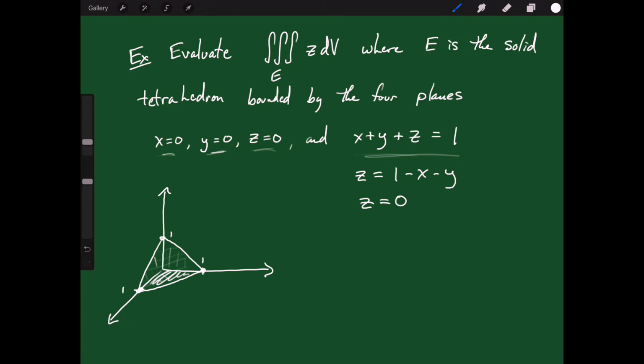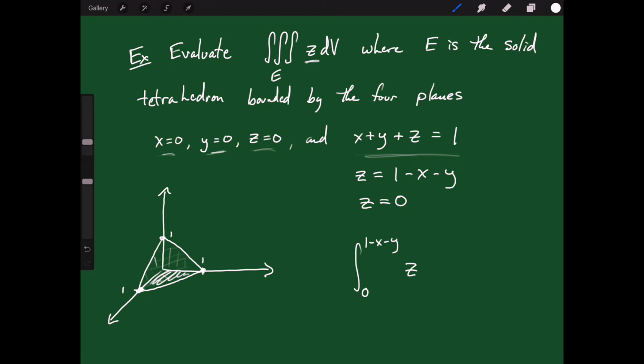So I have a top surface and I have a bottom surface. So I'm going to integrate from the bottom surface, z equals 0, to the top surface, z equals 1 minus x minus y. And the function that's going in the middle here is z.